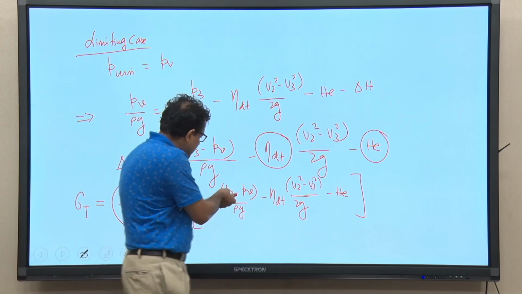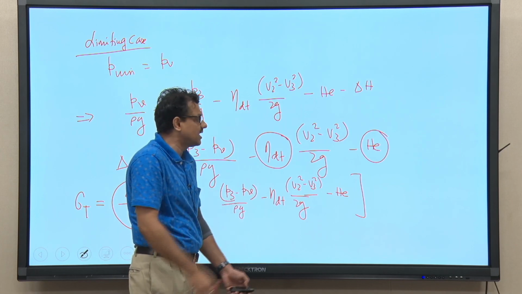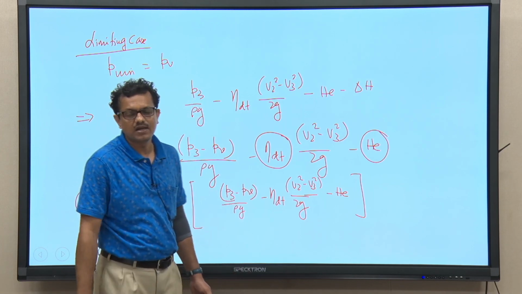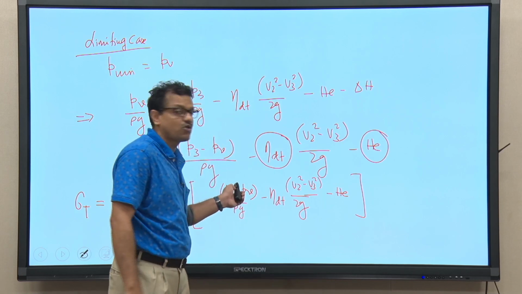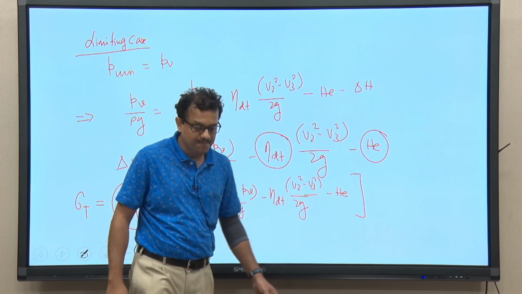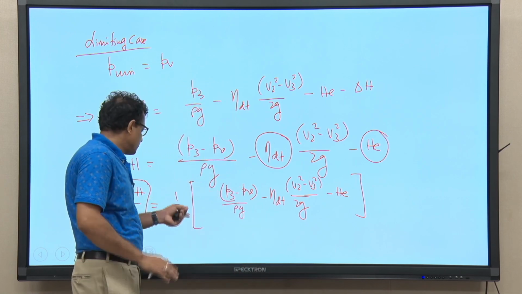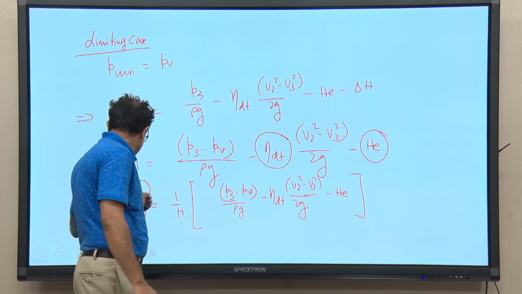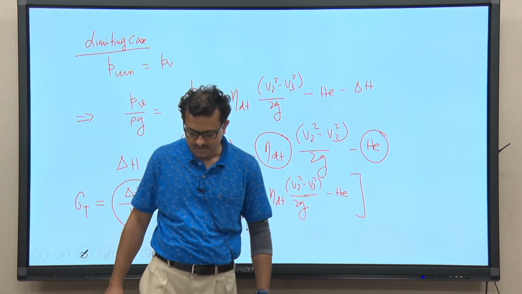You know that we can write P3 in terms of atmospheric pressure, because the point 3 that we have taken is very close to the tail race level. Since the tail race level is open to atmosphere, we can assume that P3 is almost equal to P atm.